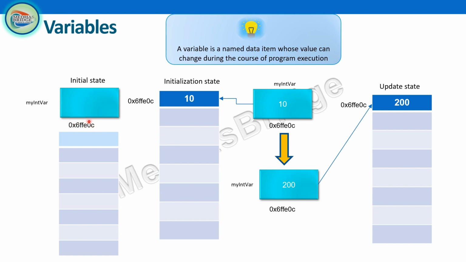This is what I mean by address. If you look at the memory location, this would be the address at which the memory gets allocated for this variable. That is how I am representing it. At the next stage, you initialized this variable with the value 10. That means the value 10 gets loaded into the memory location. Isn't it right?